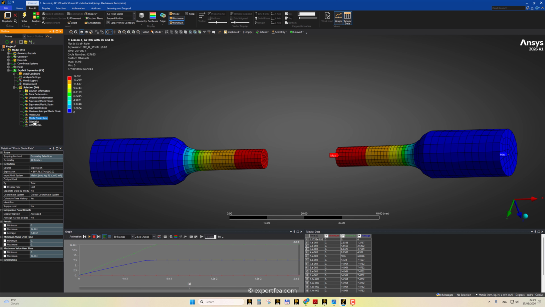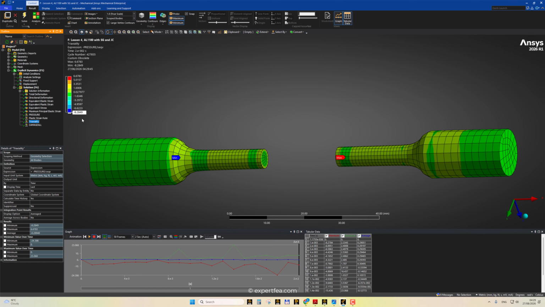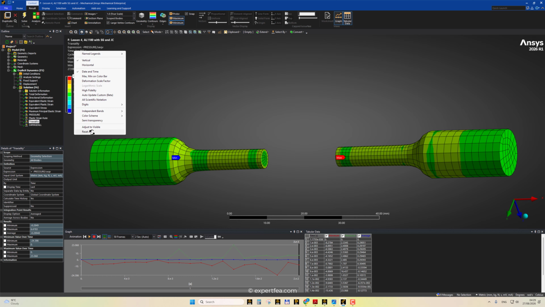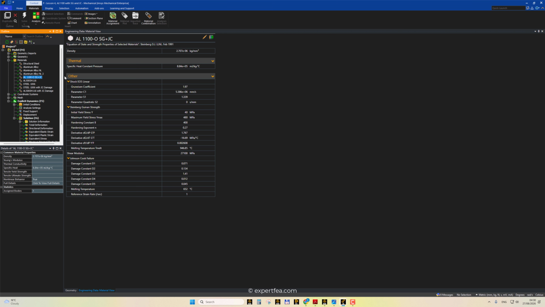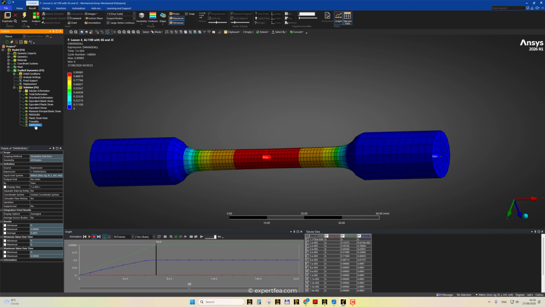Plastic strain rate, triaxiality again, with the remark that positive is compression and negative is tension or extension. And because we have defined a Johnson-Cook failure, you can see it here, and only because we have this definition, we have damage constants, only in this case we have the parameter called damage.